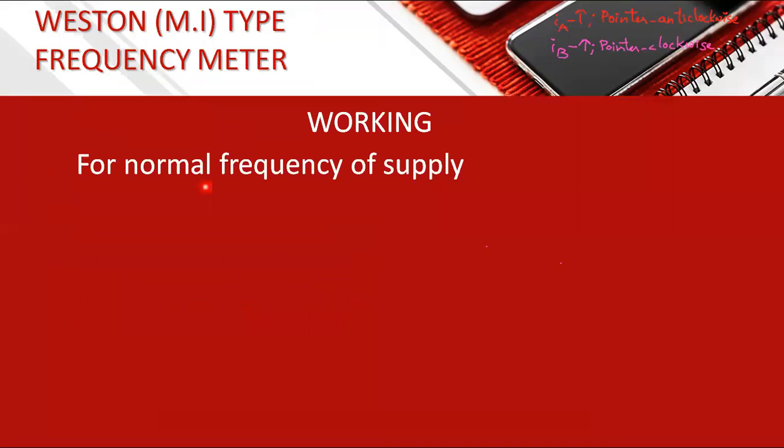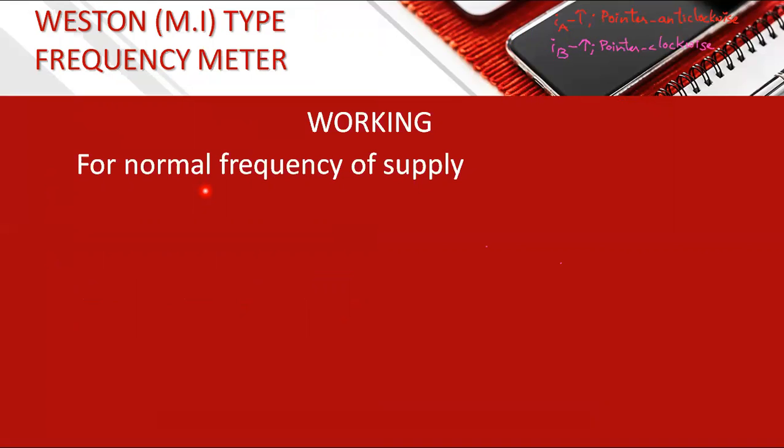Now let us see the behavior of the instrument when we give normal frequency. So it depends on the place where it is used. In India, we generate frequency and we use all our supply at 50 hertz frequency.